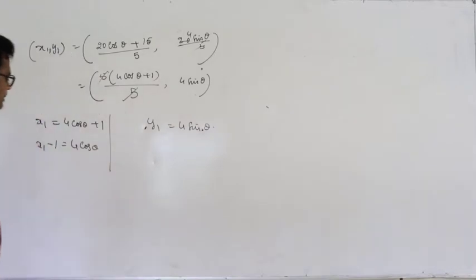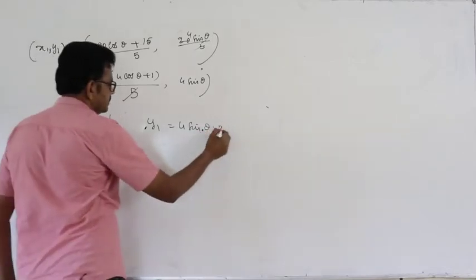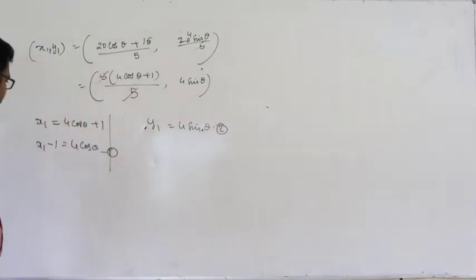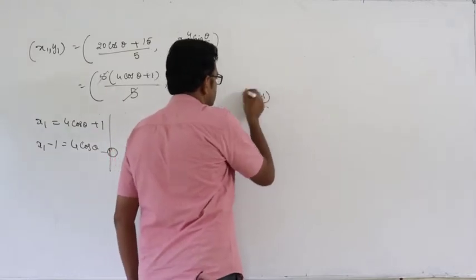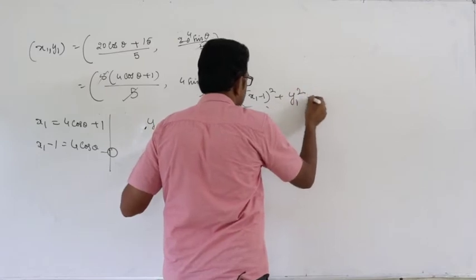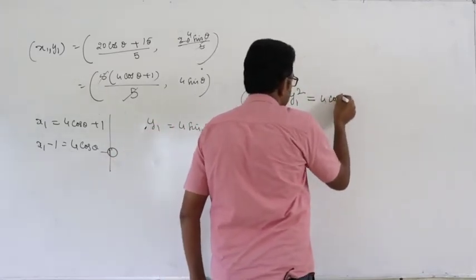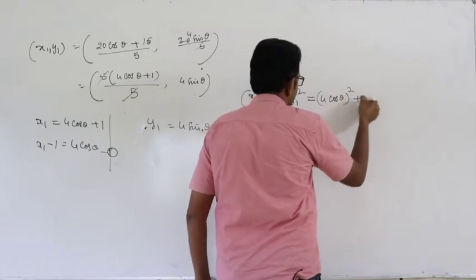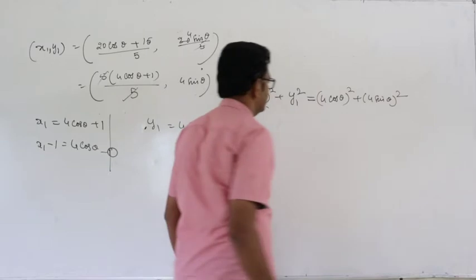So, eliminating theta: squaring and adding. That is x1 minus 1 whole square plus y1 square is equal to 4 cos theta whole square plus 4 sin theta whole square.